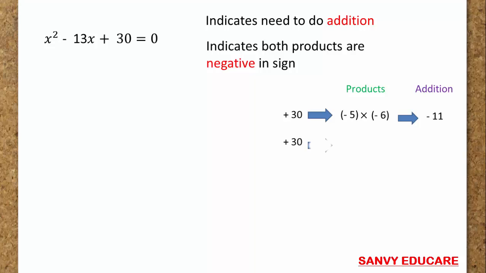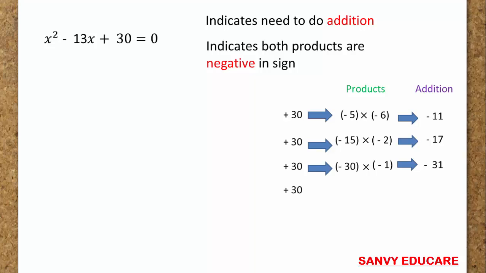Let's move further. 30 is also in the table of 15: minus 15 into minus 2 is 30, and if you add them we get minus 17. 30 ones are 30, both negative, and adding gives negative 31. 30 is also in the table of minus 10 and minus 3, and adding them gives negative 13.